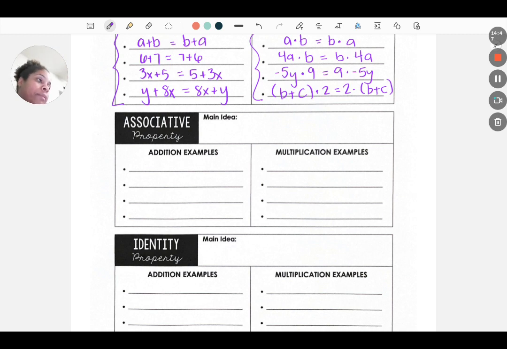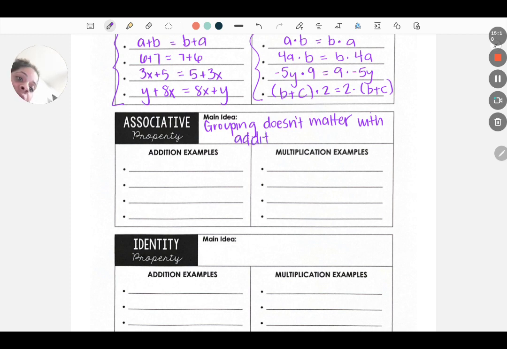So the associative property is grouping. Grouping doesn't matter with addition and multiplication.